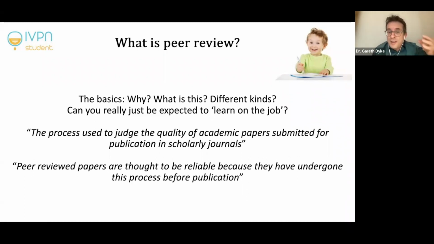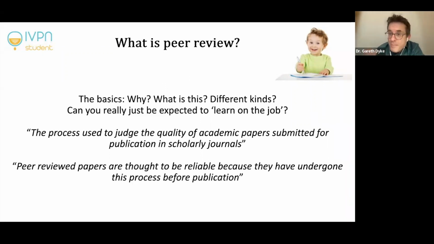The process that academic journals use to judge the quality of academic papers submitted for publication. So it's a process through which submissions to international journals, manuscript submissions about pieces of research, go through before they get published.